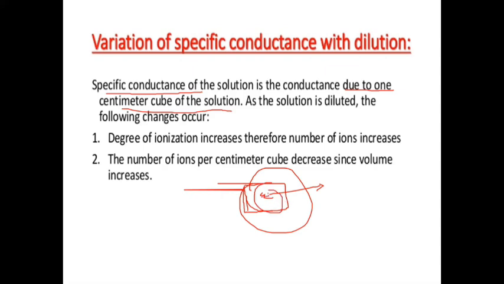So if the number of ions increases in this area, then automatically there is an increase in the specific conductance. If less number of ions are present in this area, then automatically there is a decrease in the specific conductance. So finally remember that the specific conductance depends upon the number of ions which are present in the 1 centimeter cube of a solution.